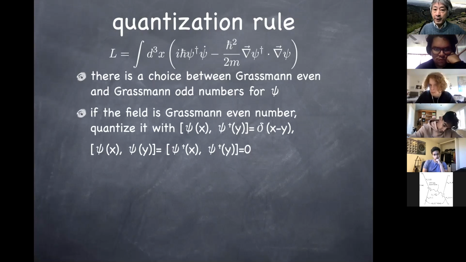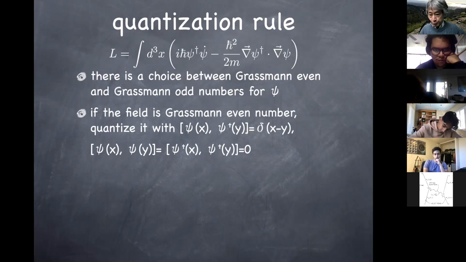And when you start with your Lagrangian written with Grassmann even numbers, that's the usual numbers, then you quantize it using the canonical commutation relation. And the psi, psi-dagger commutator has the usual commutation relation between annihilation and creation operators, except that this is now a delta function because this lives in a continuous space. But that's it.